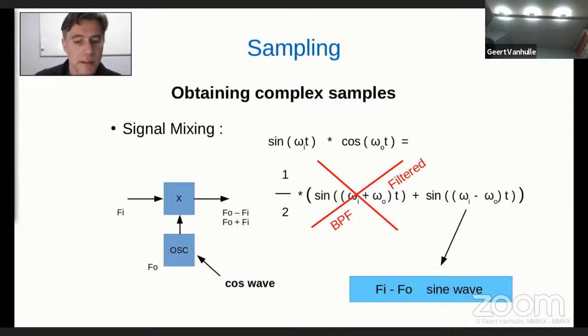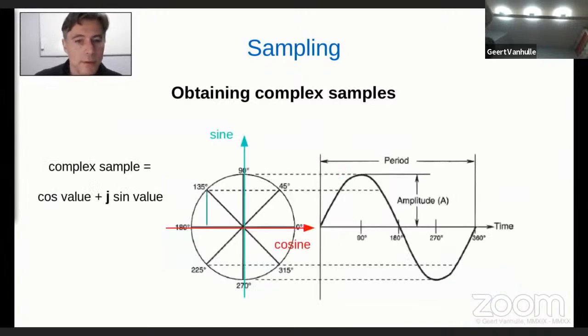So we see that from an input signal, of course, we have a mixing stage, so we will have a down conversion of the signal, but at the same time we will have the cosine and the sine result of that input frequency, of course, at a lower frequency.